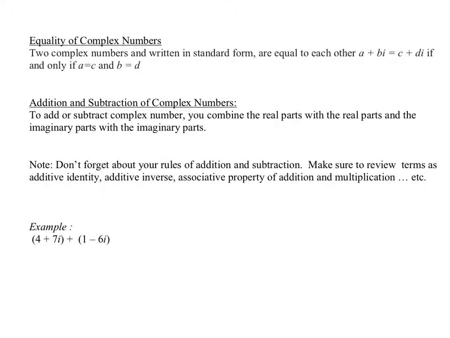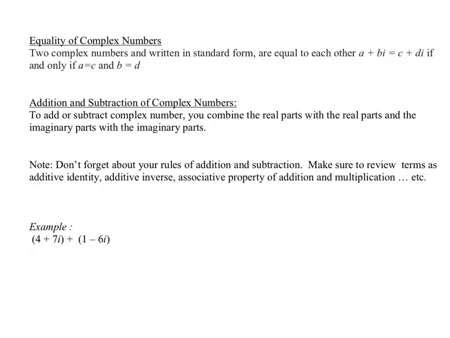Equality of complex numbers. Two complex numbers written in standard form, a plus bi equals c plus di, if and only if a equals c and b equals d. Addition and subtraction of complex numbers.